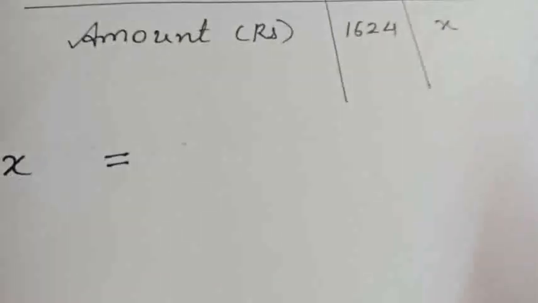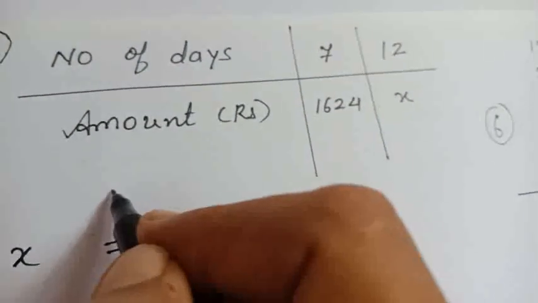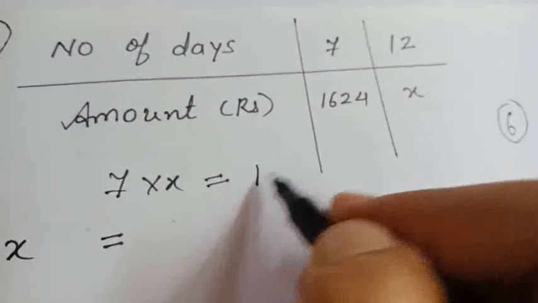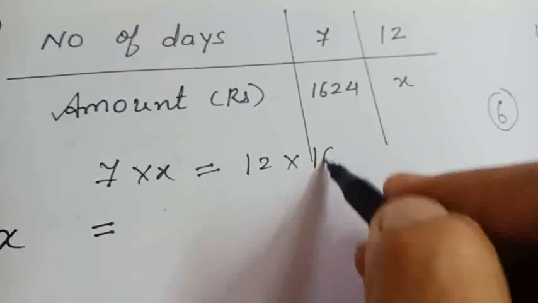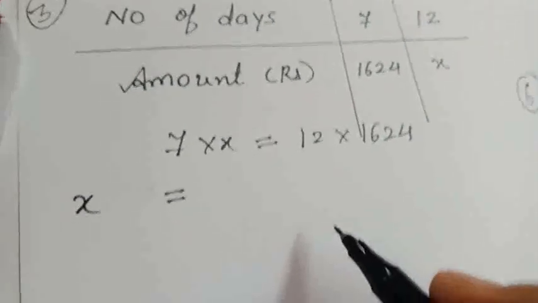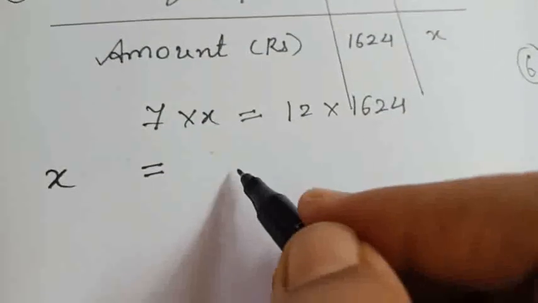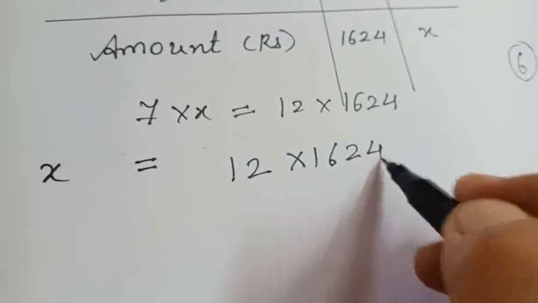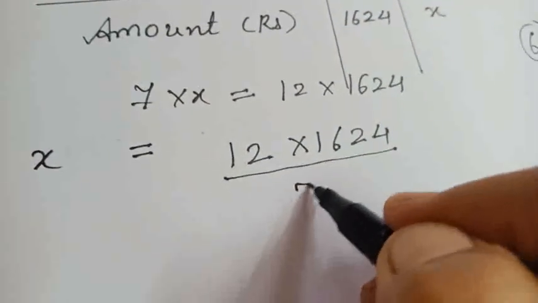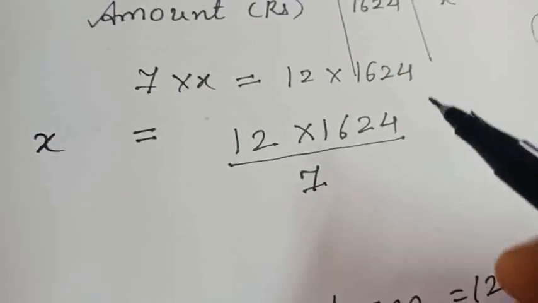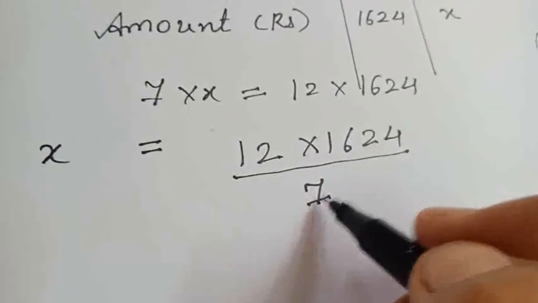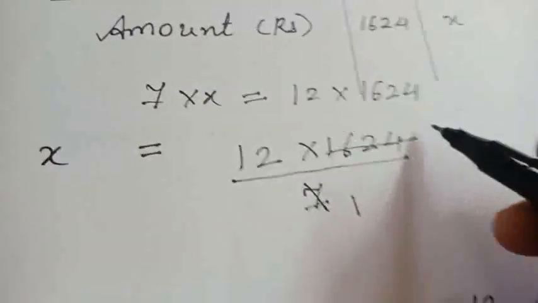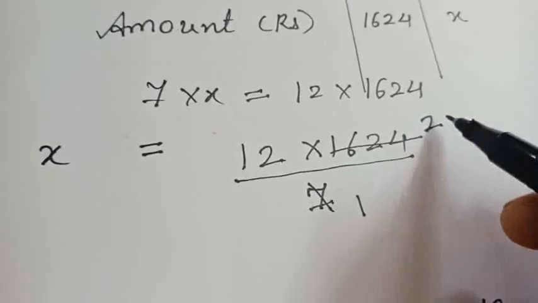Cross multiply 7 into x. So when we write, it will become 7 into x is equals to 12 into 1624. And then find out x by sending 7 down. That is 12 into 1624 upon 7. And then when you cancel out, this number and this number can be cancelled. 7 ones are 7. 7 2s are 14.